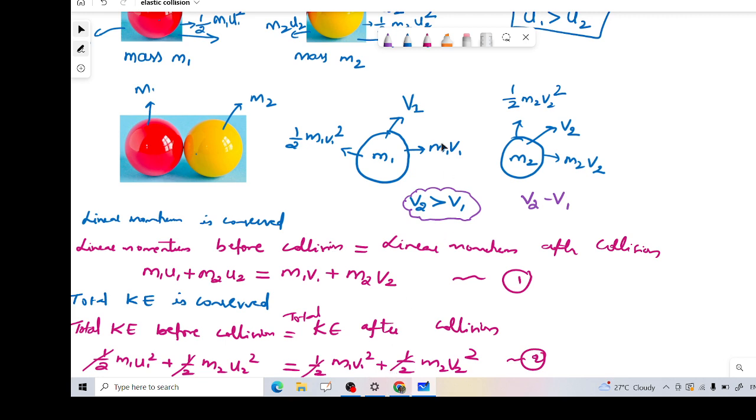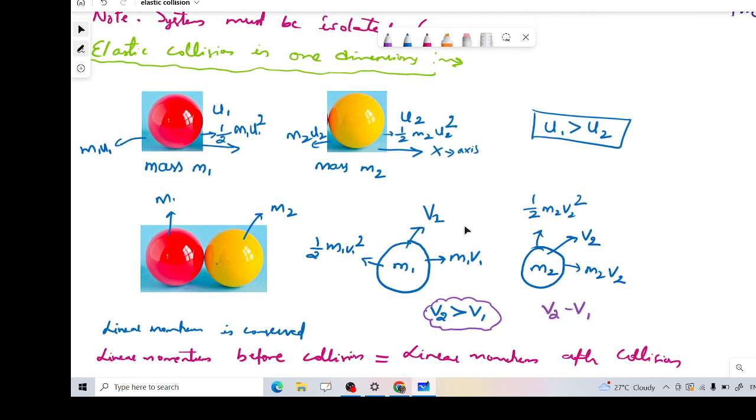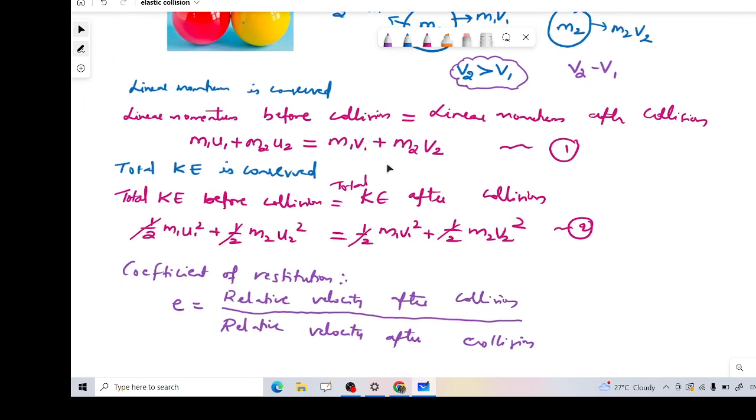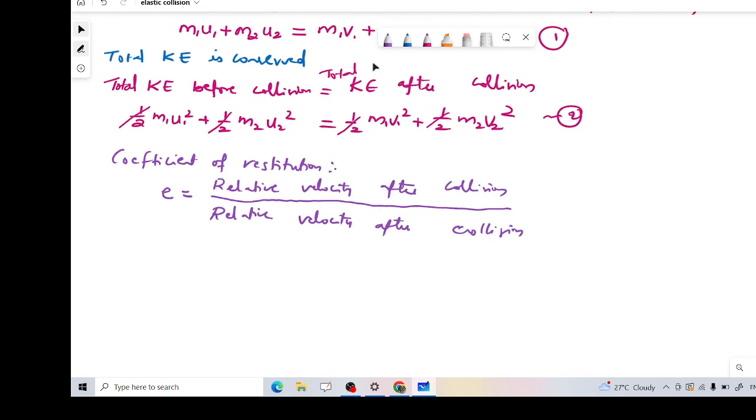This is after collision, and the relative velocity between the objects before the collision is u1 minus u2. Just substitute these two values in the coefficient of restitution, that is E. So E becomes v2 minus v1 divided by u1 minus u2.